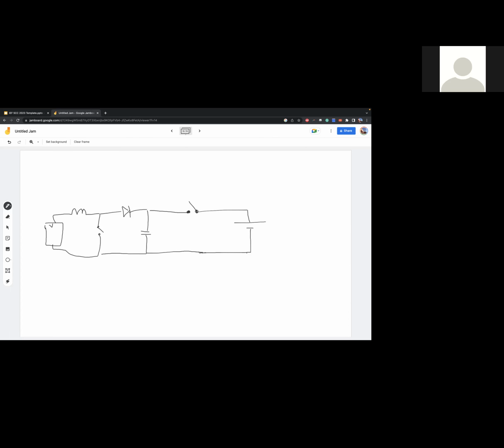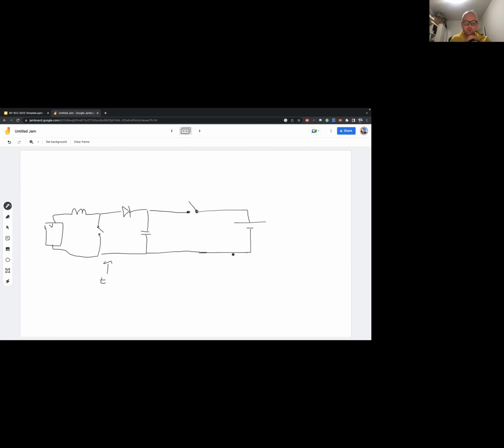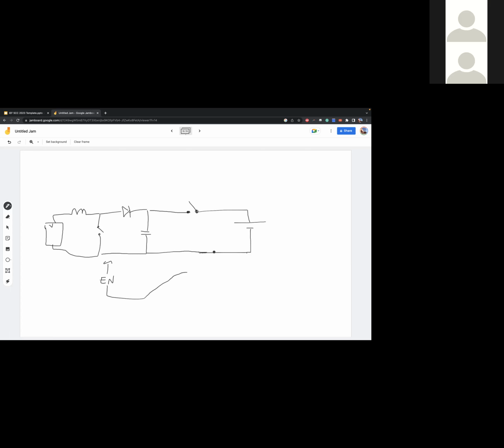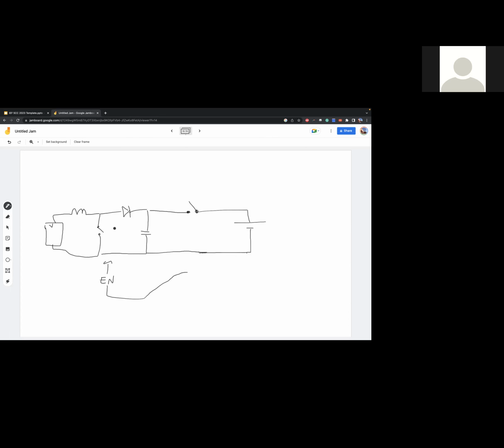So ideally you would turn off your MPPT before this happens. Ideally, you would have some kind of enable line on your MPPT that would be controlled before that switch gets turned off, right? But let's say that doesn't happen.